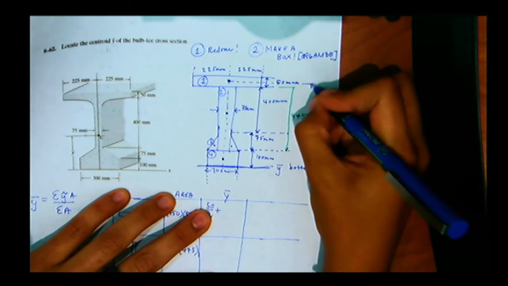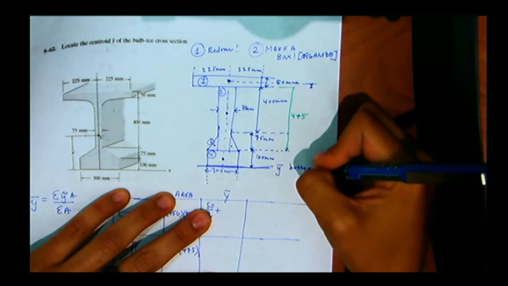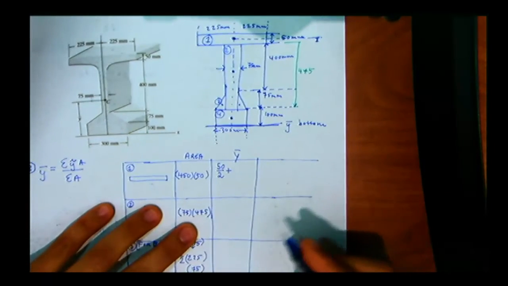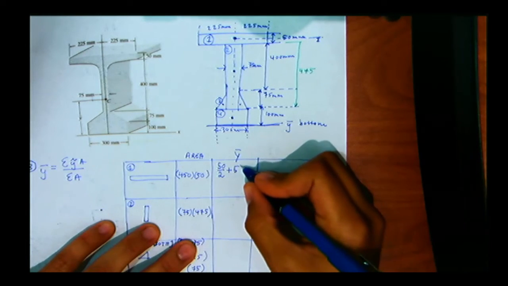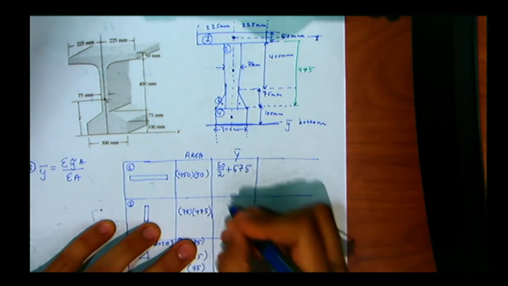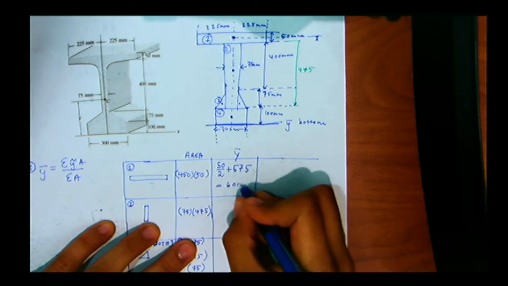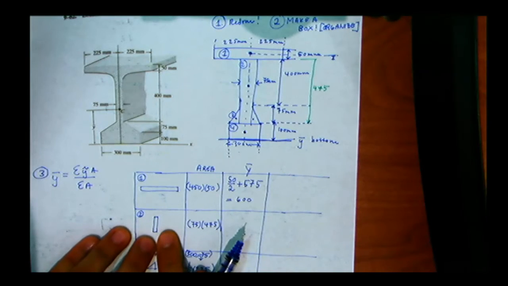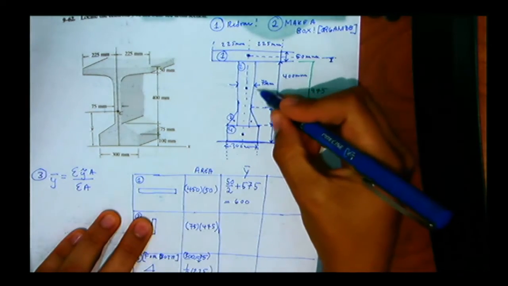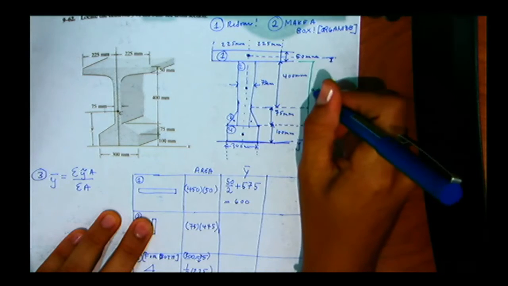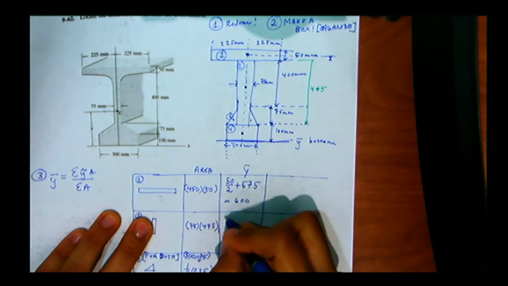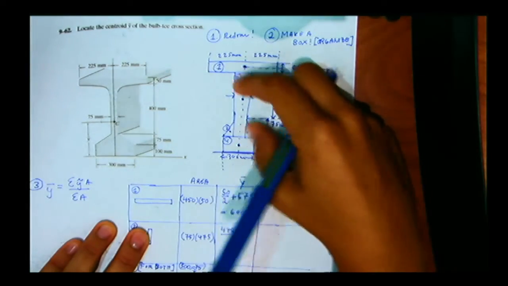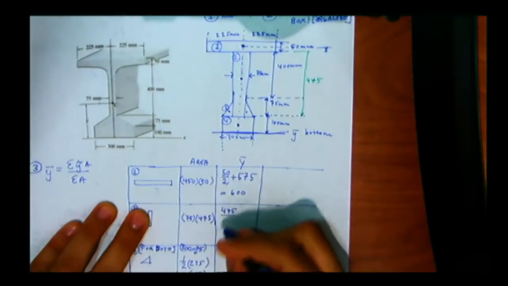So it's 575, which is 600. The second one, we have to half this as well. So 475, because we know that whole length is 475, we need half of that, plus that 100. That gives you 337.5.